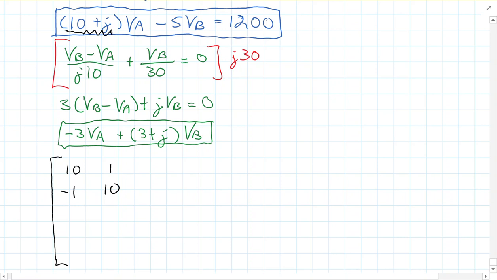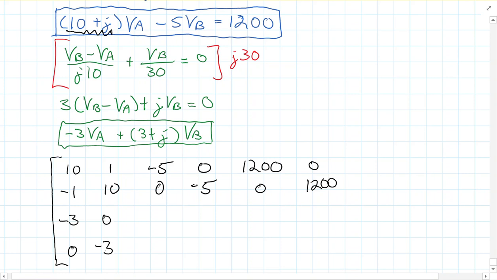And then for the negative 5, you'd have negative 5, 0, 0, negative 5. 1200 would be 1200, 0, 0, 1200. And then the next equation, well, I've got negative 3 VA, so negative 3, 0, 0, negative 3. And then this would be 3, 1, negative 1, 3, and then a bunch of zeros.